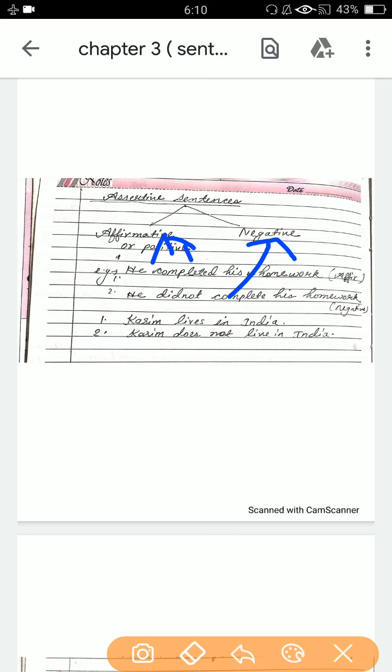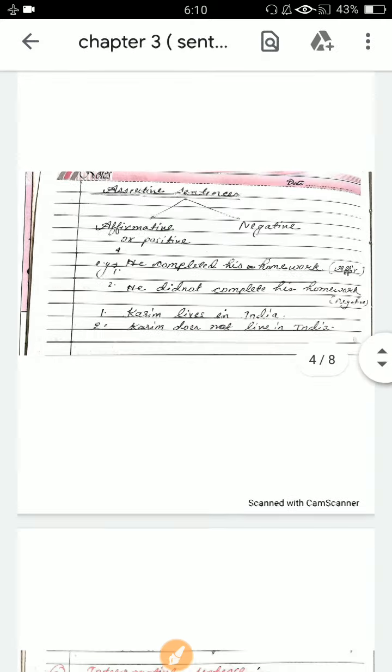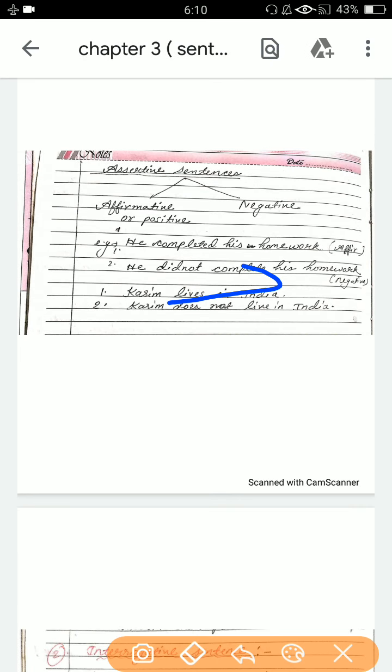Now we'll see some more examples. Kareem lives in India. This is in a positive sense. It's revealing positive information about someone, that he lives in India. The second example: Kareem does not live in India.